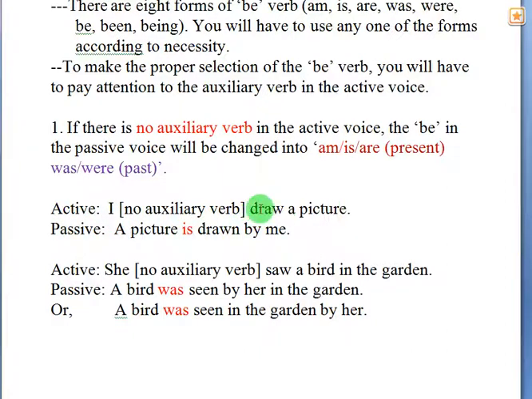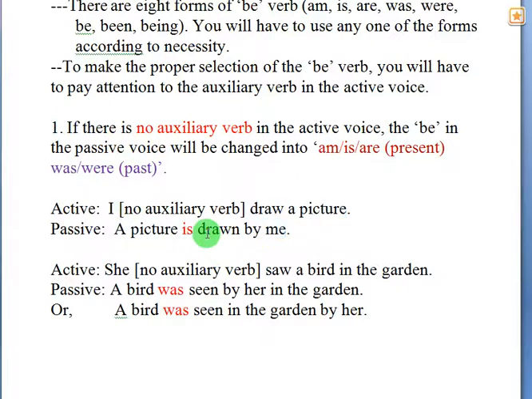I draw a picture. There is no auxiliary verb here, so you will get no auxiliary verb in the passive form as well. Here you notice that we have interchanged the position of subject and object. A picture has come first, and by me has come in the position of the object.